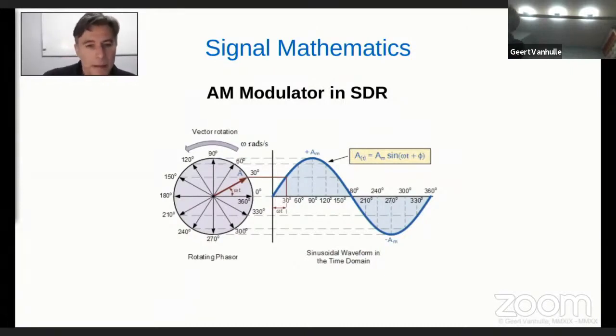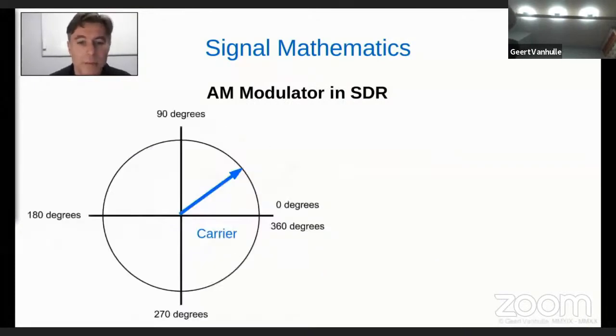Now, if we would compare this amplitude modulation signal in a vector diagram, as a rotating phasor, we would see this. We have actually a carrier that is a vector that is rotating with the frequency of the carrier frequency. And if you would add modulation to that, we could see this as an additional vector that is on top of this carrier wave.